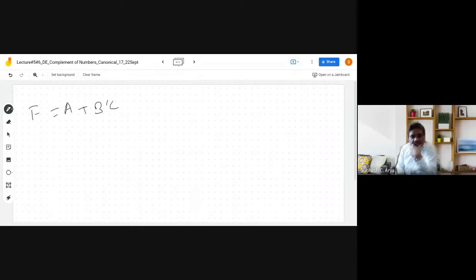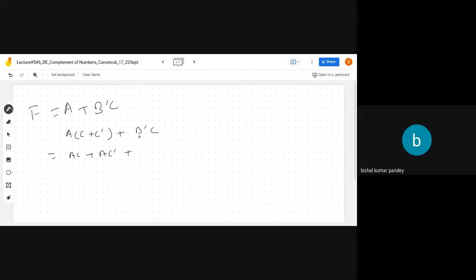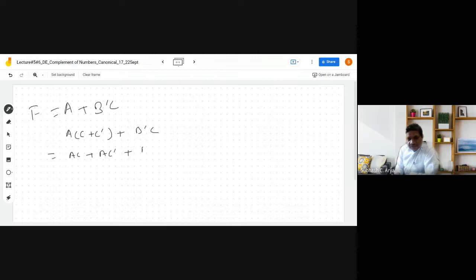So A, I want to multiply with what? That is represented by C plus C bar. Okay. So this will be AC plus AC bar. And here also I will do the same thing. Here, which term is missing? A. Very good. So write down B bar C multiplied by 1 represented by A plus A bar.